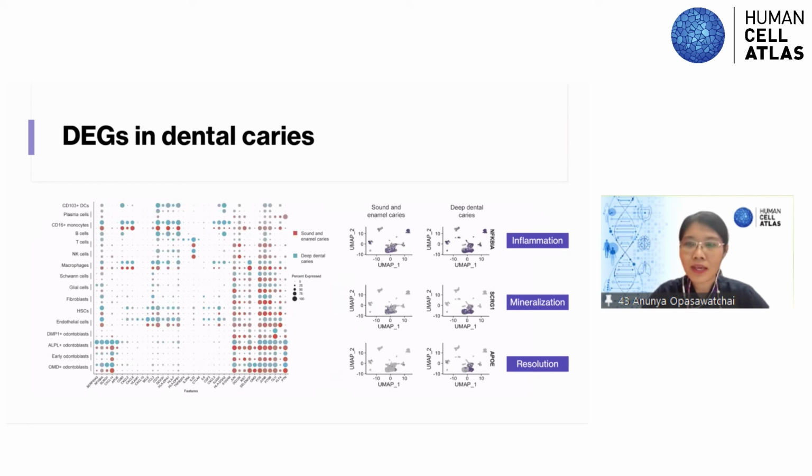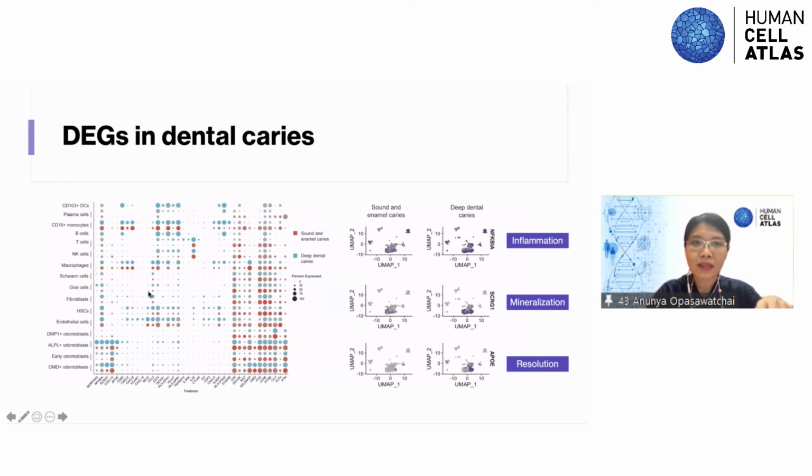Next, we wanted to know how the genes are differentially expressed in the presence of deep dental caries. As the profiles of the cells of the sound tooth and enamel caries are similar, we grouped them together and compared the gene expressions against deep dental caries in each cell type.